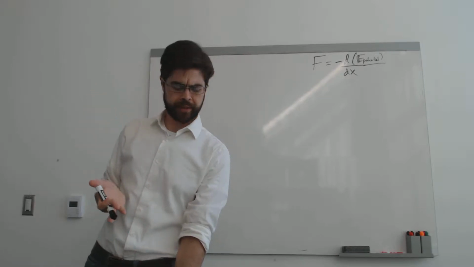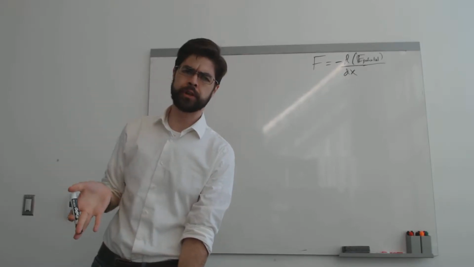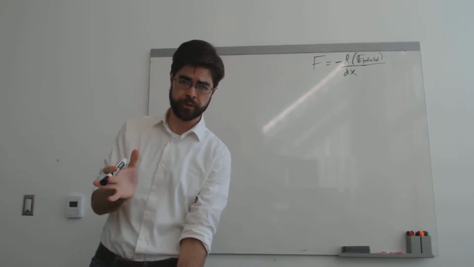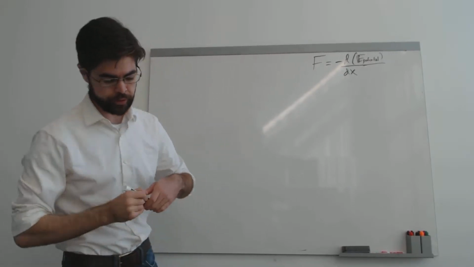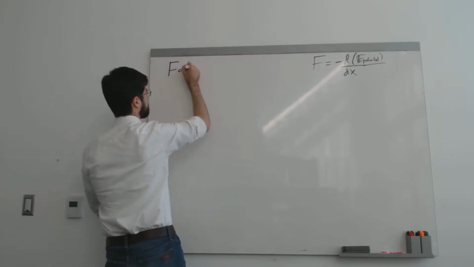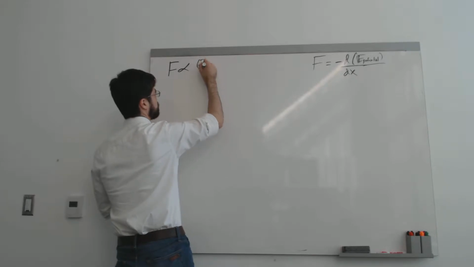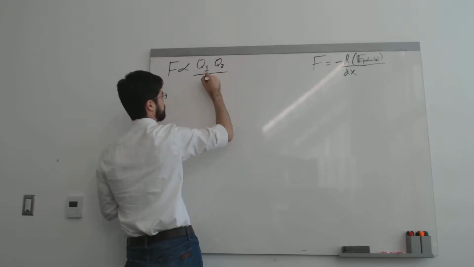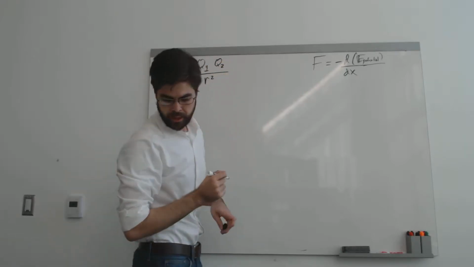Since we're chemists, we deal with electrical charges, the electrostatic force, so that's the Coulomb force. Mathematically, the Coulomb force is proportional to the magnitude of one charge, the magnitude of a second charge, and the distance between them.